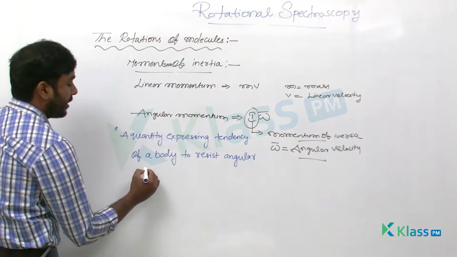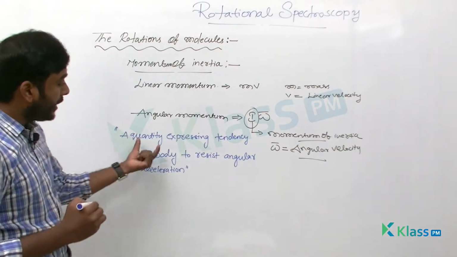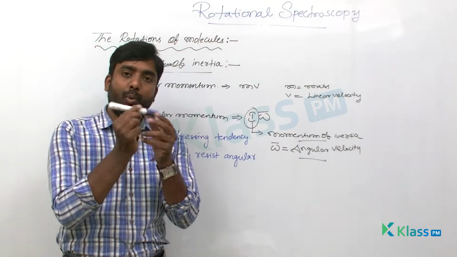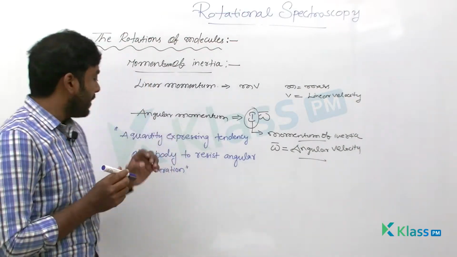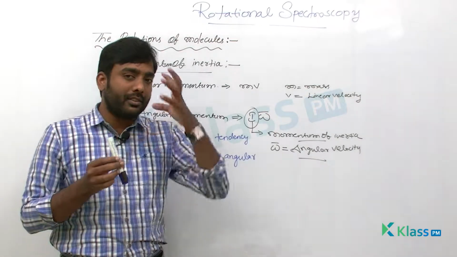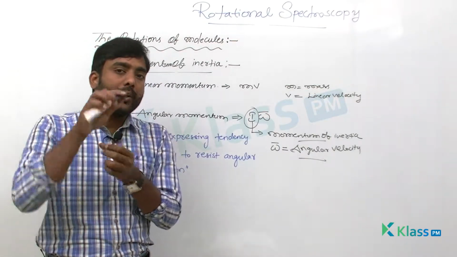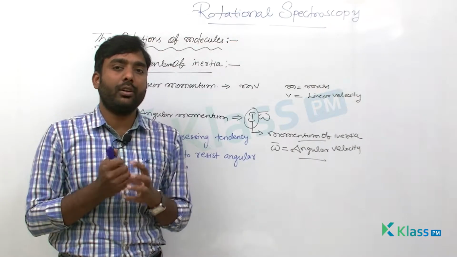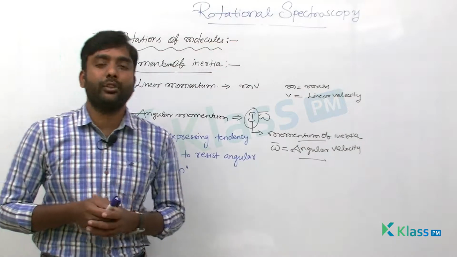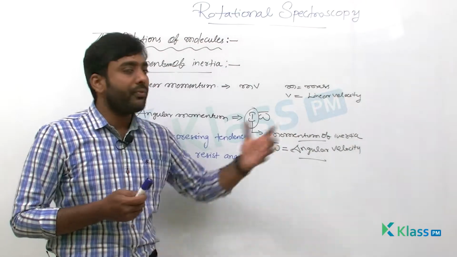So it is a quantity expressing a body's tendency to resist angular acceleration. It does not undergo acceleration unless you give more than its resistance force, which is nothing but moment of inertia.